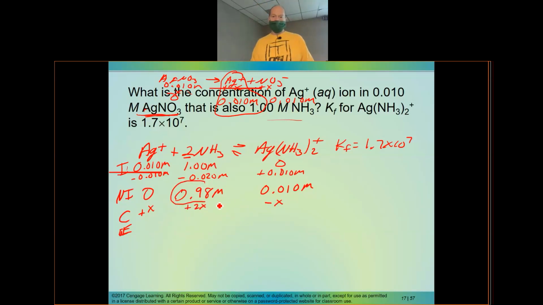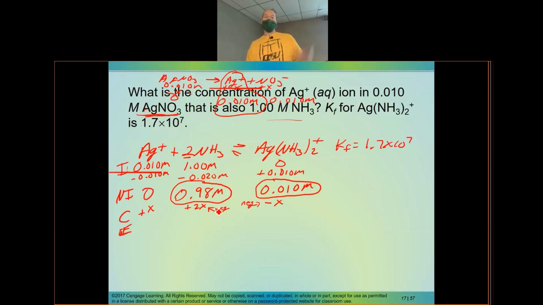When you have an initial concentration that is not 0 for a reactant, and you have an initial concentration for a product that is not 0, your initial and your equilibrium will always be the same. You will neglect these numbers. You do not have to check them.